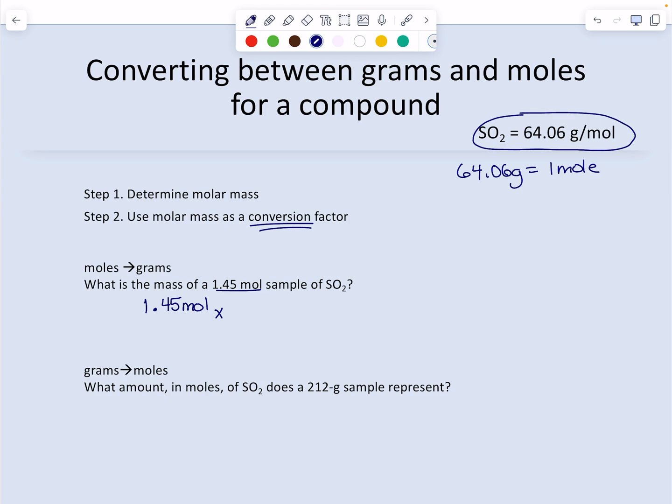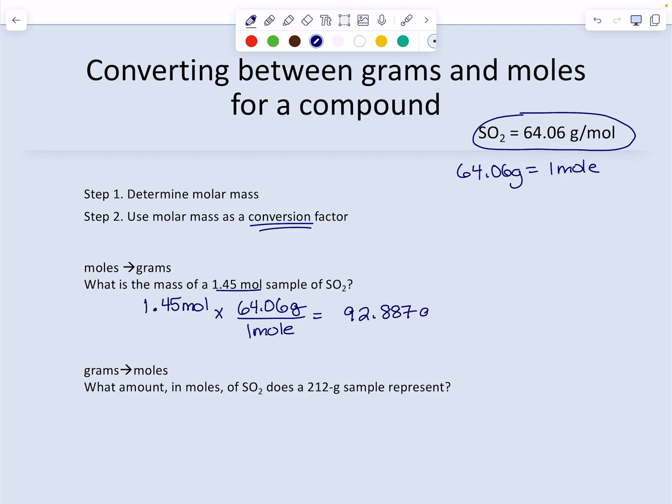It's not much of an abbreviation, but it saves you one little loop. So 1.45 moles. What's my conversion factor going to be? What's on top? 64.06 grams, and then my mole is on the bottom. So we have 1.45 times 64.06, which winds up being 92.887.